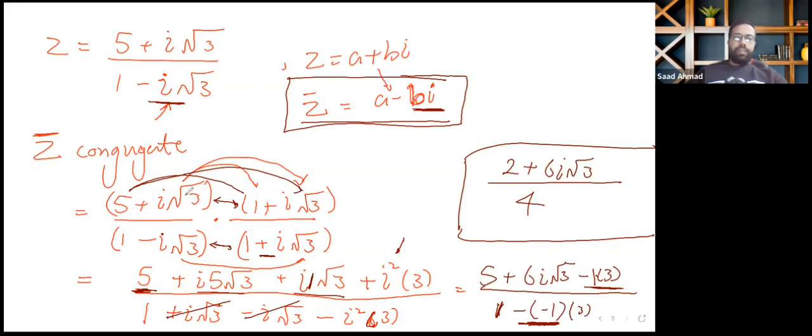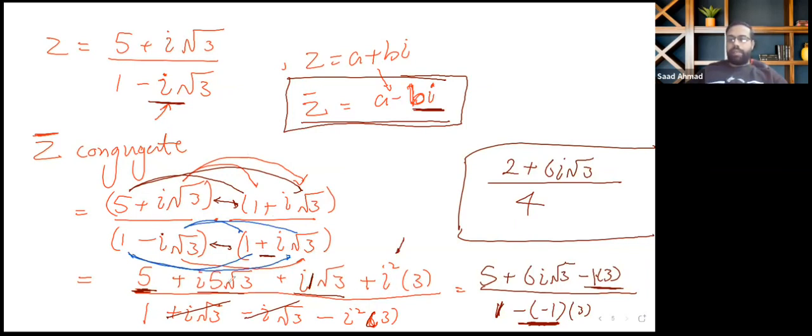Then I square root 3 times 1 and I square root 3 times I square root 3. Then in the bottom part, I did 1 times 1, which is 1, and 1 times minus I square root 3, or plus I square root 3, right there. And then minus this times this, and this times this.